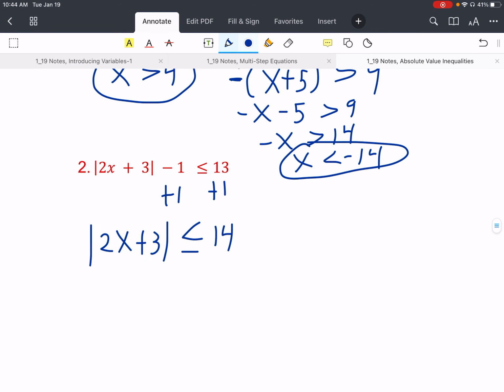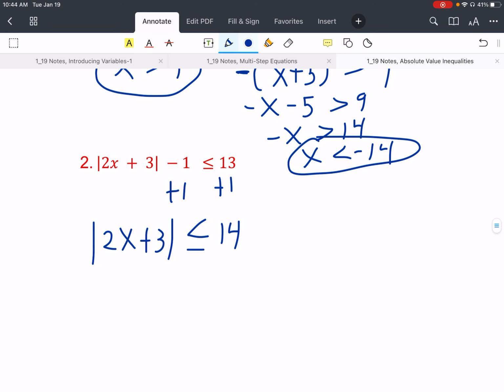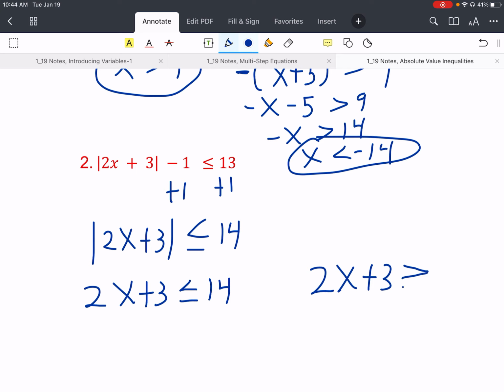The positive version to solve is 2x plus 3 is less than or equal to 14. For the negative version, we have 2x plus 3, switch the inequality symbol, and make our answer negative. We will be able to solve both of those and graph them.